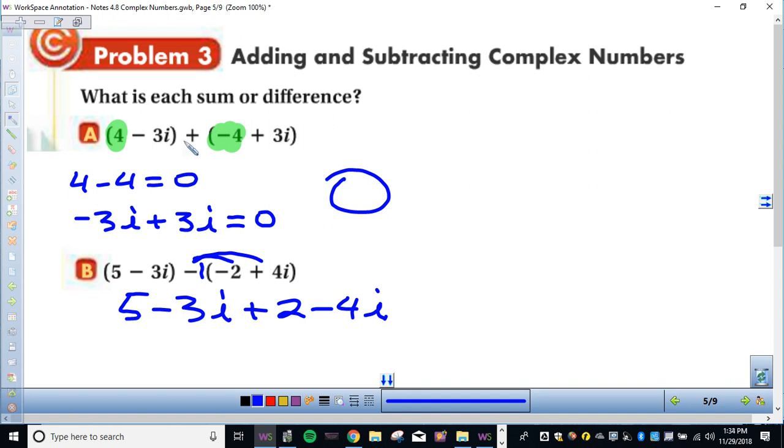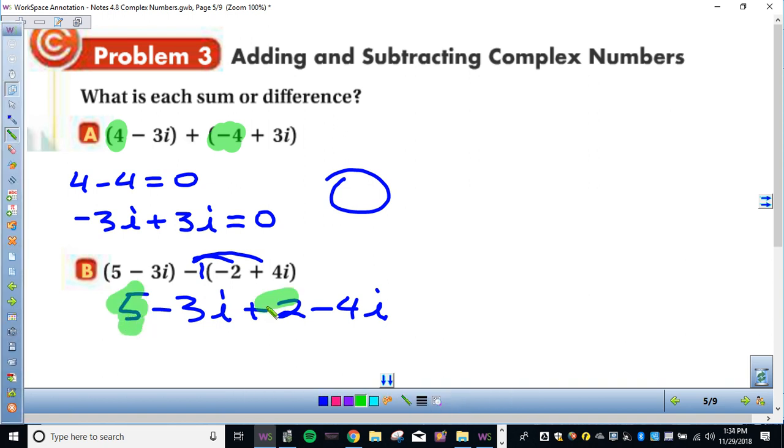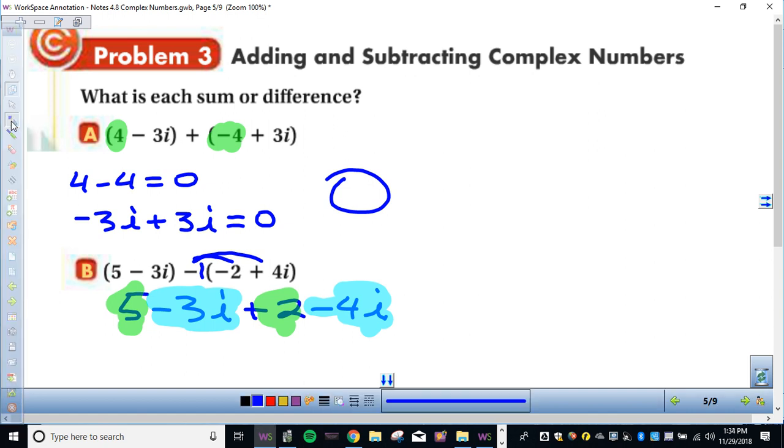So just pay attention if it's plus or minus so you don't mess that up, okay? So we're combining real with real, 5 plus 2, and negative 3i minus 4i. So what do I get? 7 minus 7i. So again, on your quiz, block day next week, that should seem easy, right? You should, no problem, get that one correct.